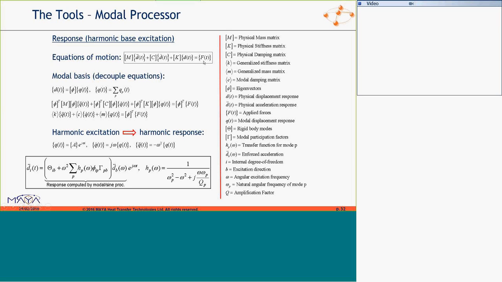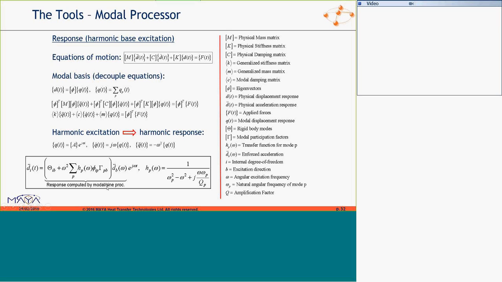So what is it? If you look at your equation of motion here, you express it in the modal basis. You express displacement as a function of the eigenvector times modal coordinates q, as a function of harmonic excitation, of the form A e to the j omega t, to get steady state harmonic response.